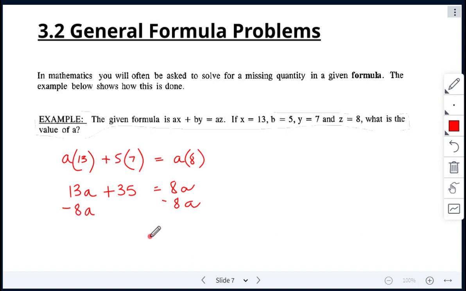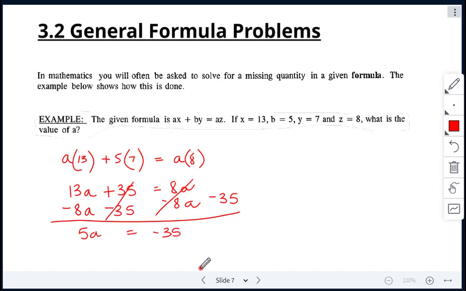Remember to do the opposite operation. And then we're going to move the positive 35 to the right-hand side of the equation. So we're subtracting 35 and subtracting 35 on that side. All right, 8a minus 8a, that is gone there. Positive 35 minus 35, that's gone there. So 13a minus 8a, that leaves me with 5a. And it's equal to negative 35. All right, and the last step here would be to divide both sides by the 5. And we're left with a is equal to negative 7.